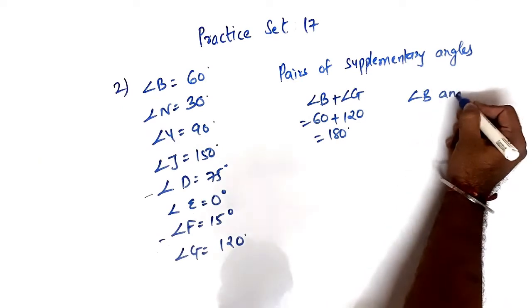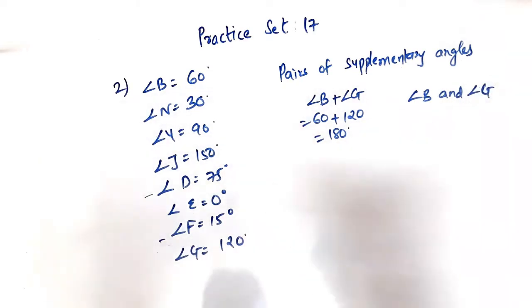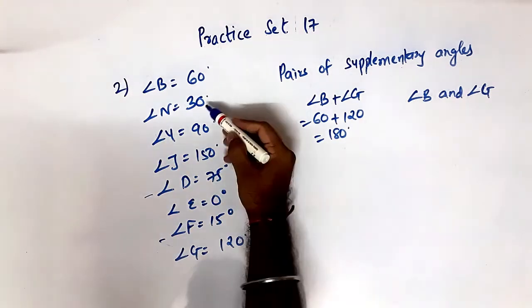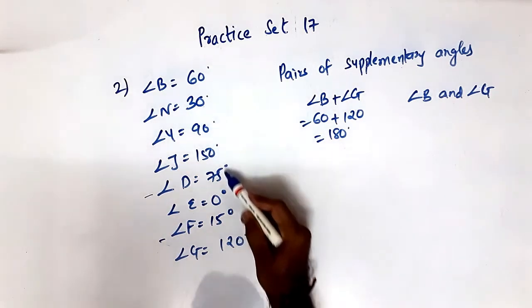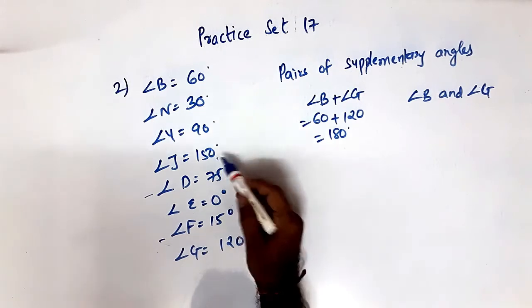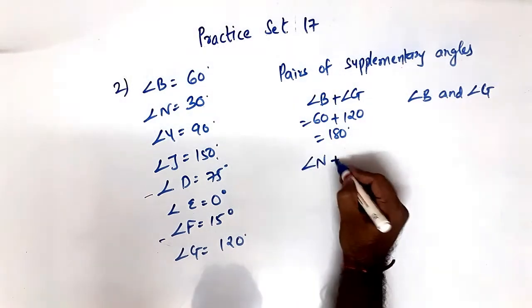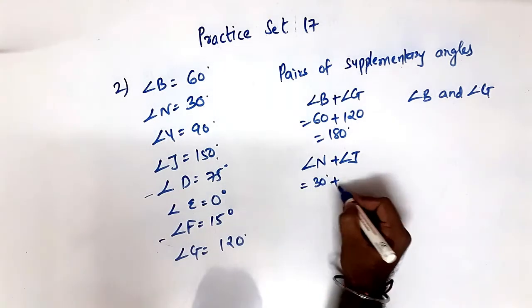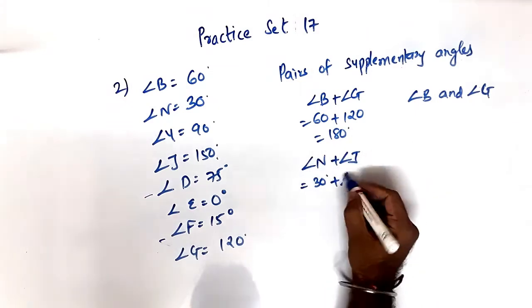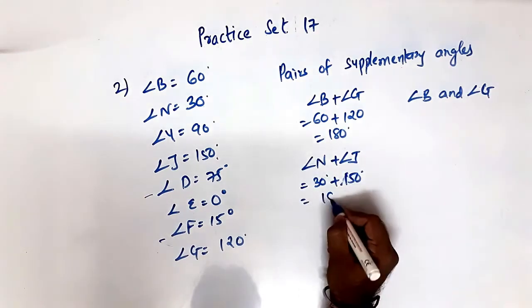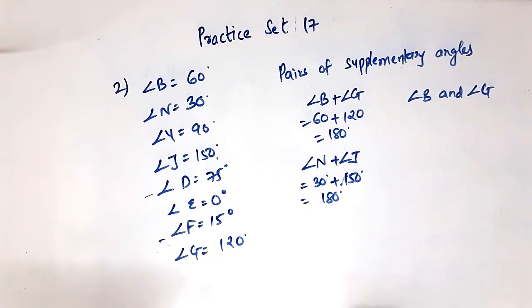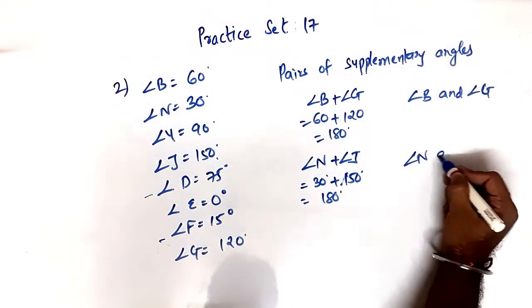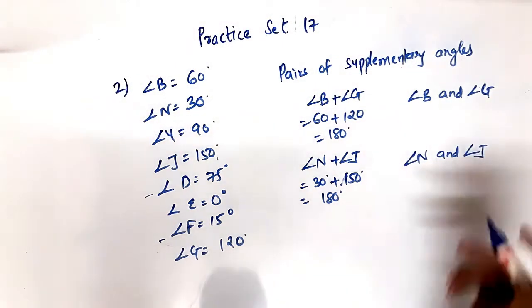So first pair I got is angle B and angle G. Then 30 I can take with 150. Yes, 150 is here. So angle N plus angle J, that is 30 plus 150 equals 180 degrees. Correct? So angle N and angle J.